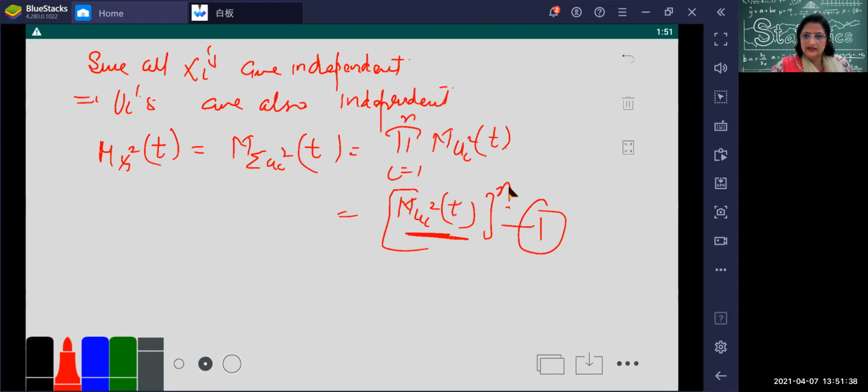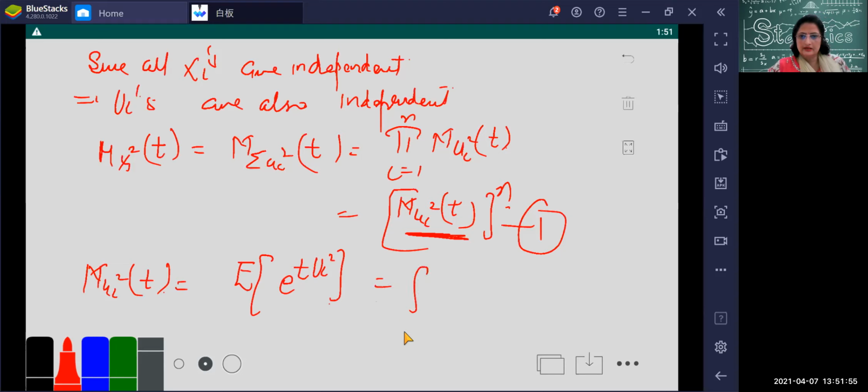Now we will solve this, then take it to power n at the end. So M of ui square at t is the expectation of e raised to power t ui square. It is a continuous distribution, because the chi-square variate is made from the normal, which is continuous.